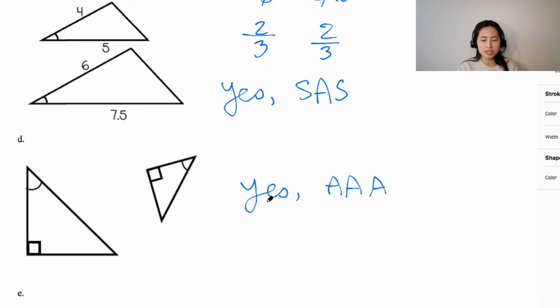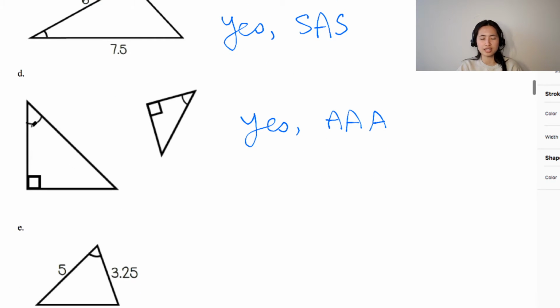Sometimes for some diagrams, they don't really show you that 90 degree angle, or they don't show you this angle, so you just have to pay attention to the numbers. For example, they're saying this is 75 degrees, and then this is another angle, and they need to be exactly the same if they're similar. It doesn't have to necessarily be in terms of this symbol for you to evaluate whether something is similar or not.